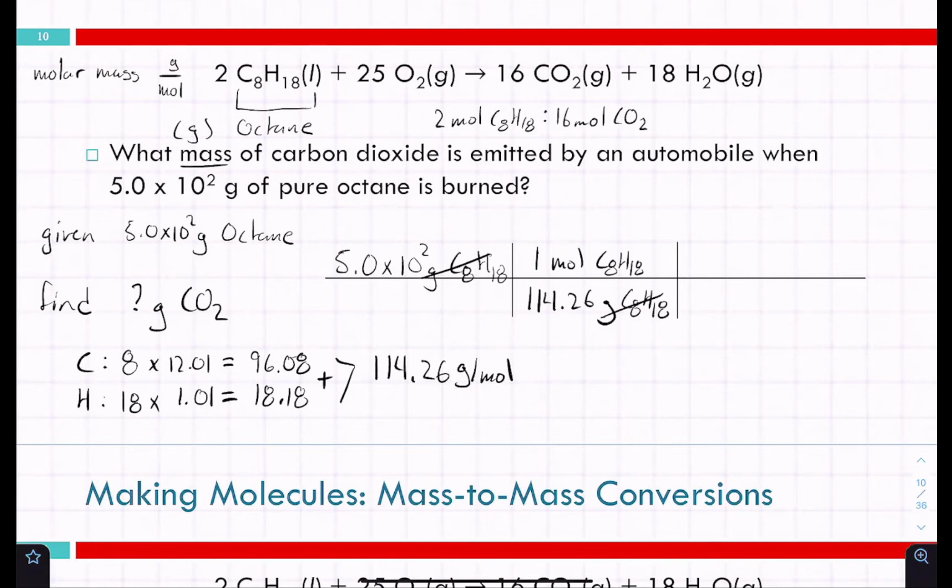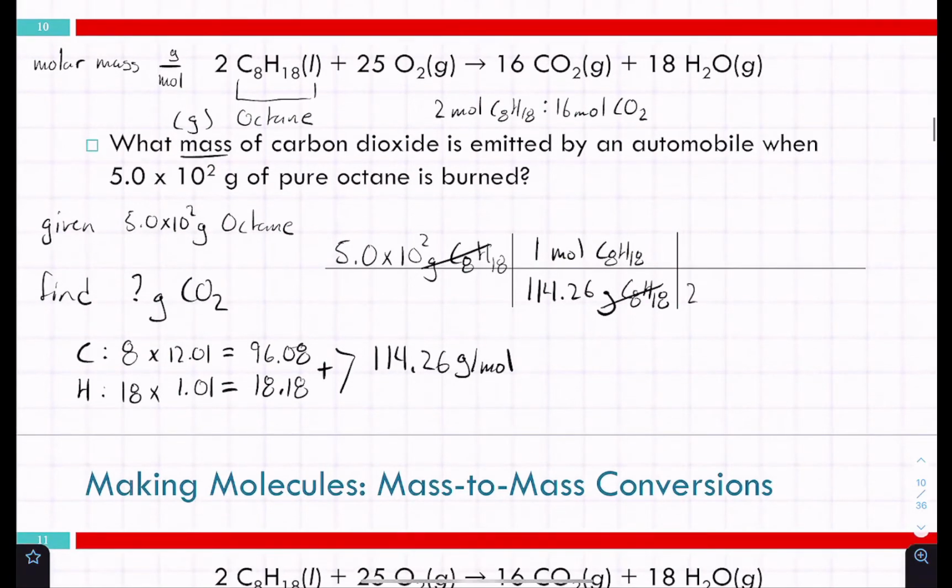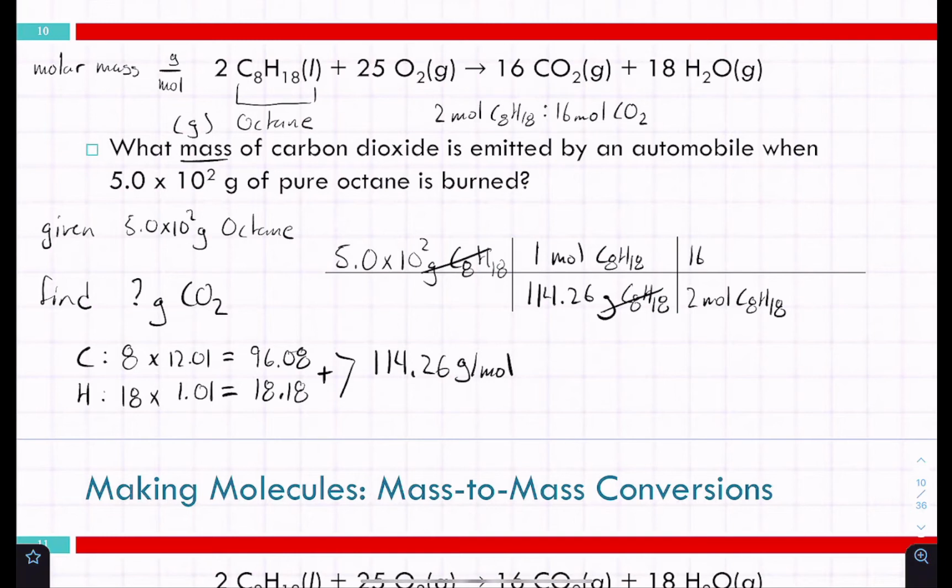Is it on the bottom or the top? We want to get rid of moles of octane, so on the bottom. Yeah. So 2 moles of octane on the bottom, 16 moles of CO2 on top.